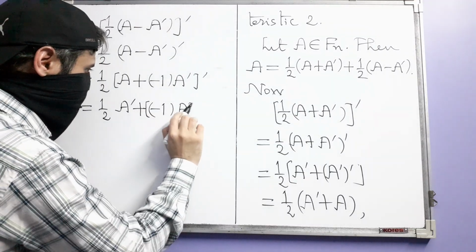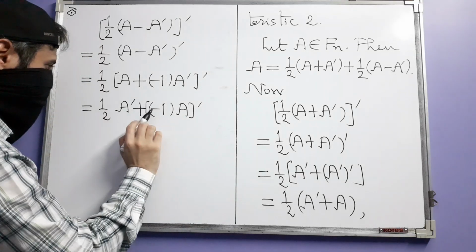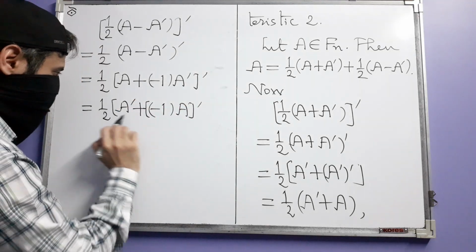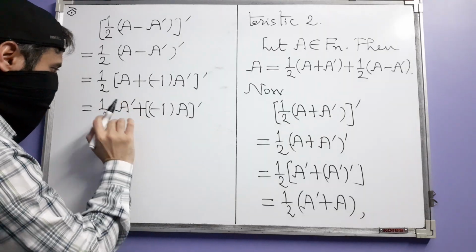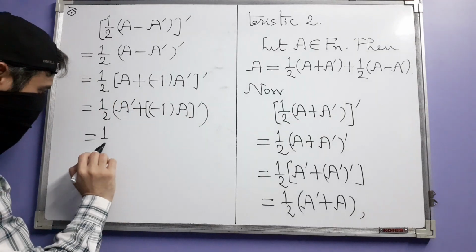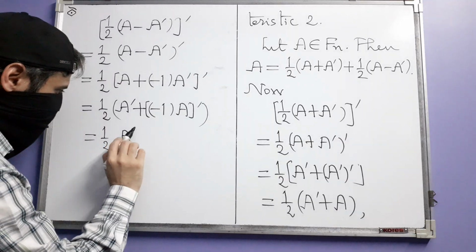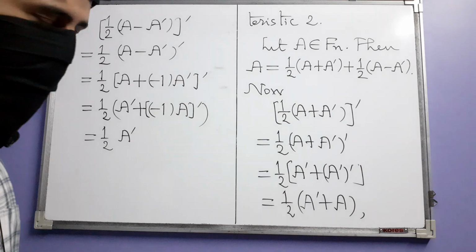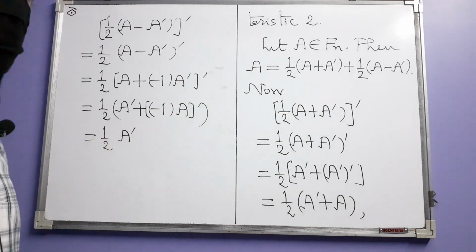First of all, ideally we have to take the transpose of this entire product. And then this minus 1 is a scalar, so it can come out.